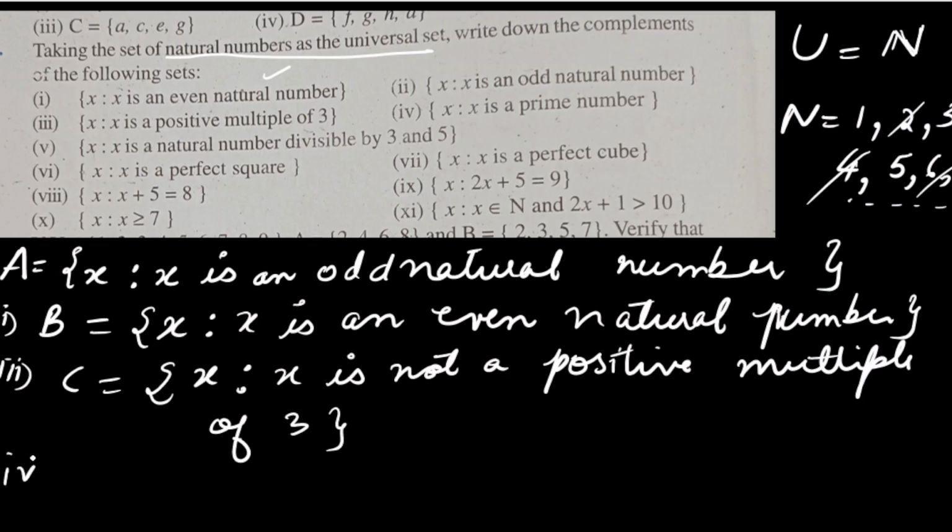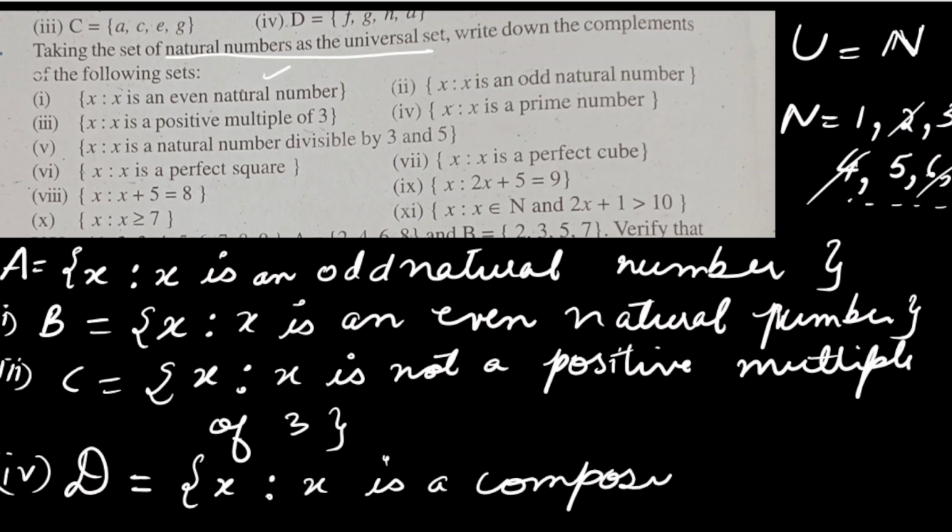So in the same way we'll be doing the fourth one also. I'll be writing it as set D. X is a prime number. So I can write D is equal to X such that X is a composite number, because if X is a prime number, its opposite will be a composite number, and also X equals 1.